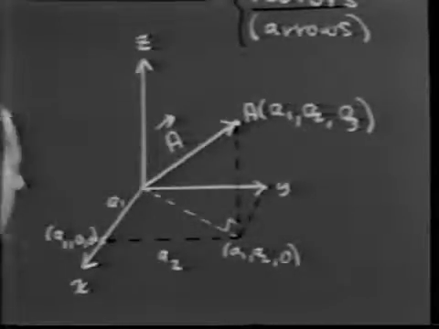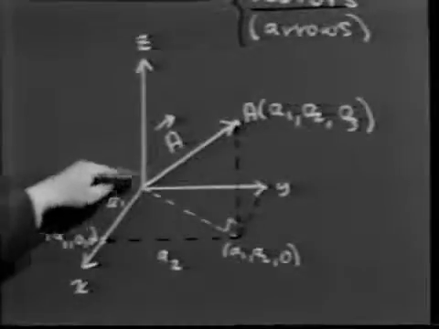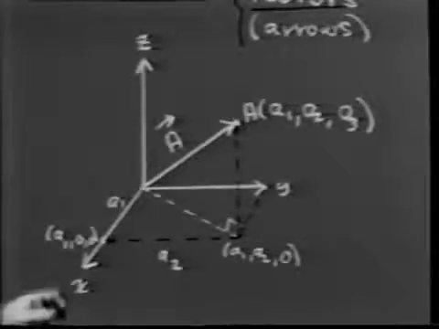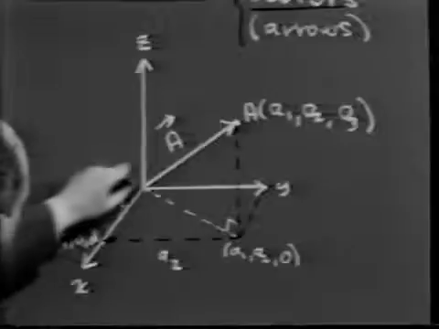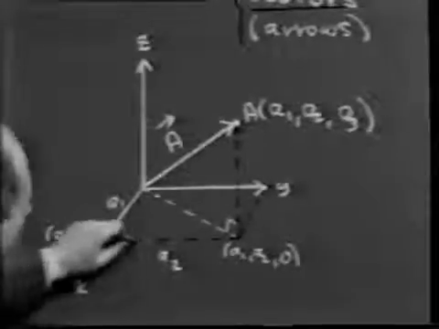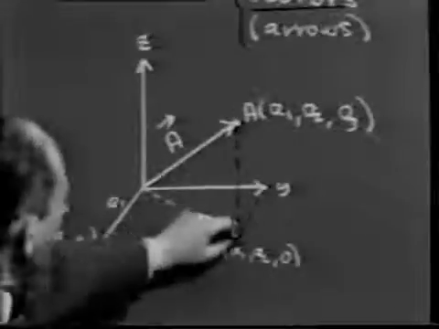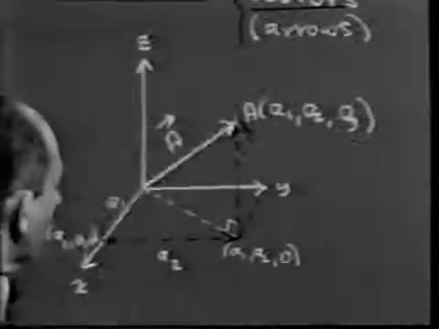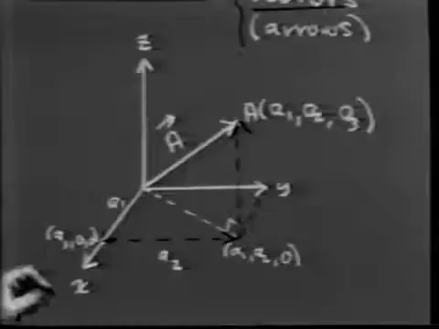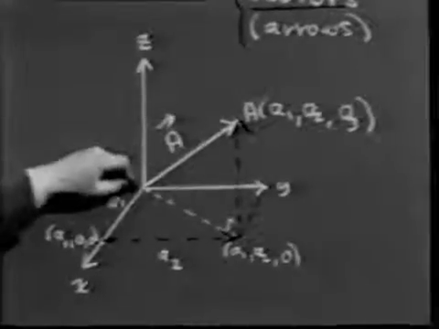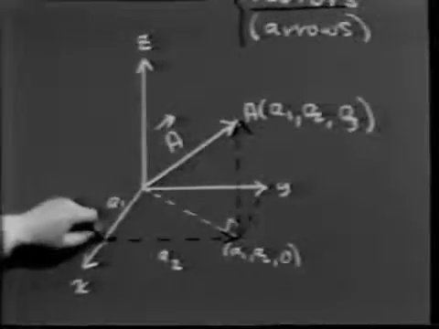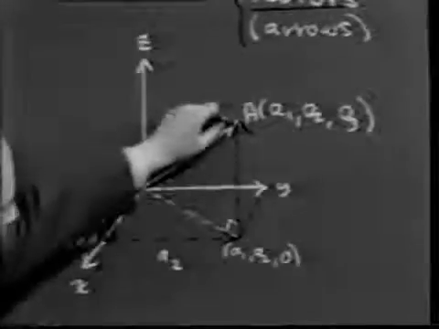And notice again, in terms of adding vectors, head to tail, etc., notice that as a vector, this would be the vector A1I, this would be the vector A2J, and this would be the vector A3K. In other words, the vector A is the sum of the three vectors A1I, A2J, and A3K.